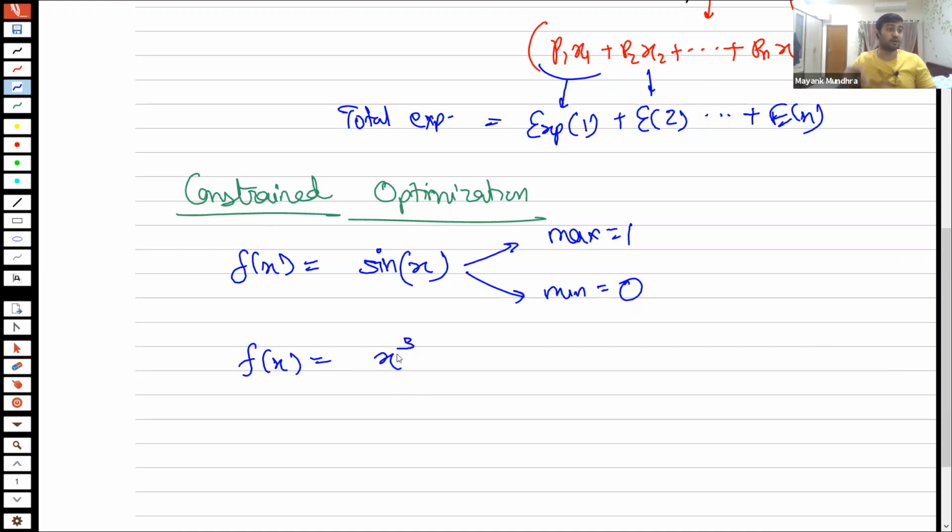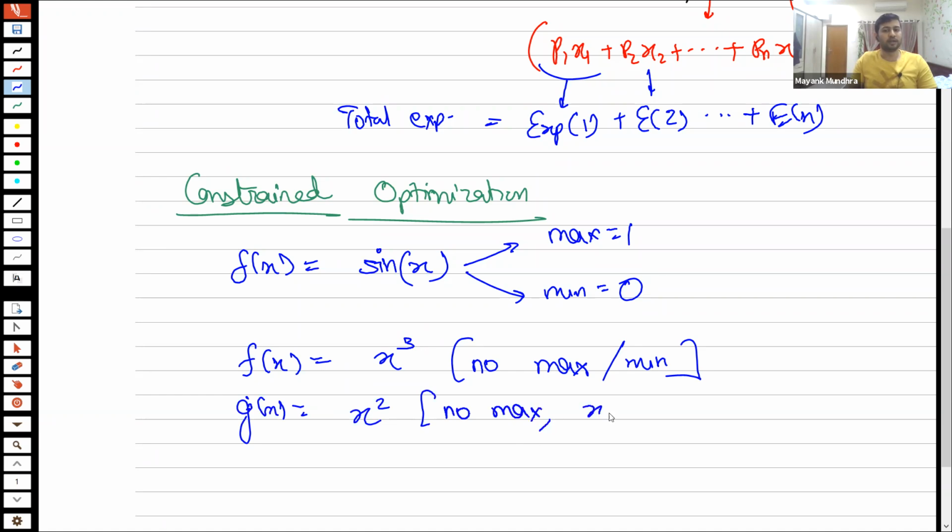This is a forever increasing function. You can't maximize it. So there's no maxima or minima. Then there are other functions, g of x equals x square, for which there is no maxima, but x equals 0 is a minimum. At 0, this becomes 0. At any other value, it is positive. So 0 is the minimum.